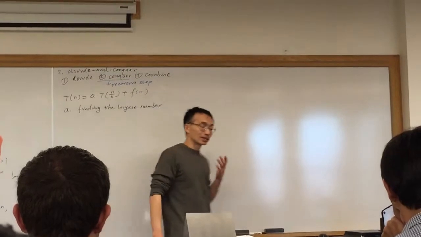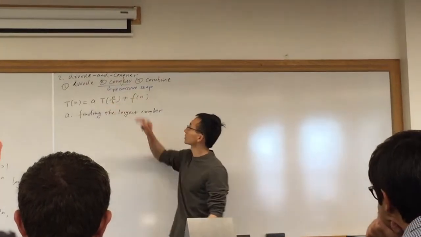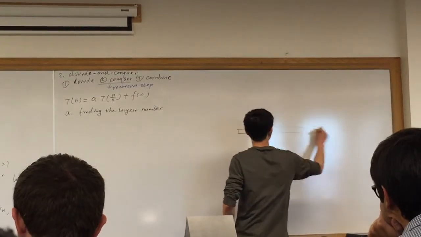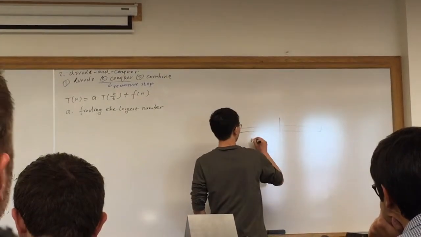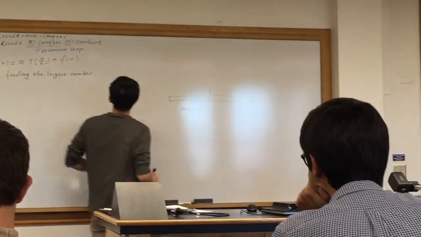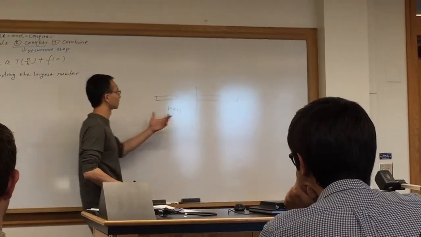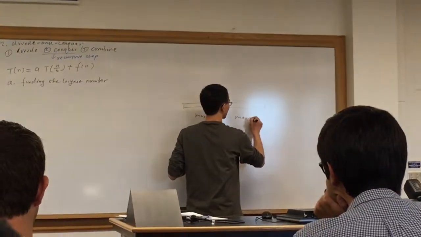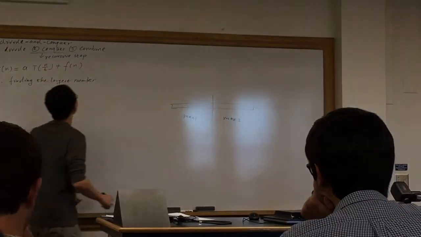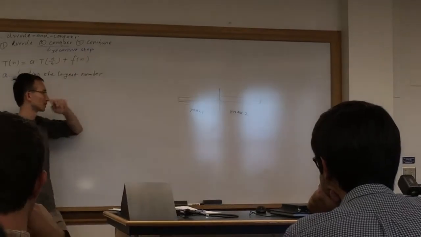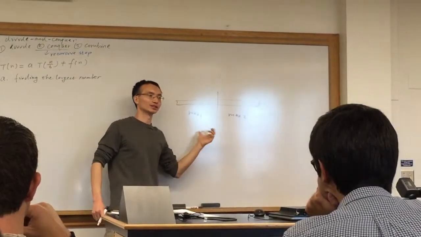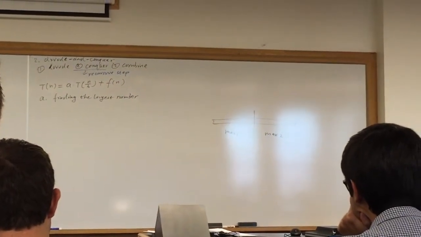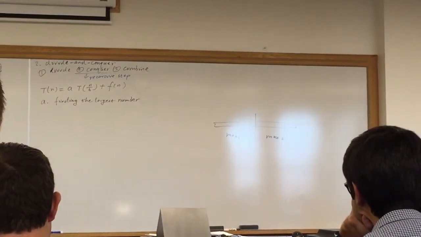For the conquer step, we compute the largest one on the left, and then the largest one on the right. For the combine step, we just compare which one is larger. So that's the algorithm. It's pretty easy.